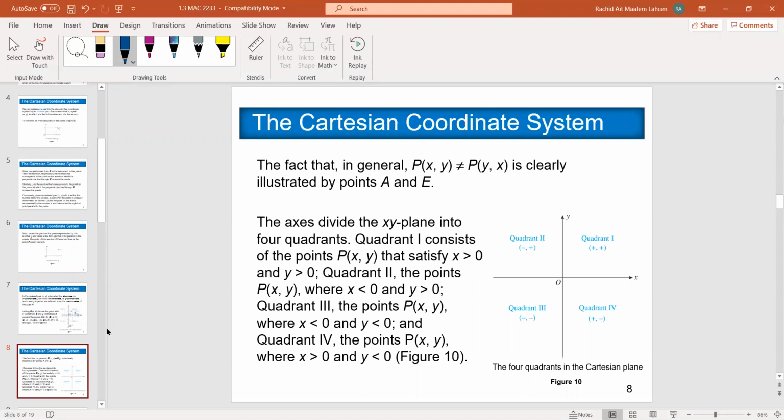They don't go clockwise. They go 1, 2, 3, 4. And plus-plus means positive values of x and y, or we call these ordered pairs because they are in order. It's x and y. So x is all positive here, y all positive, and of course the others.